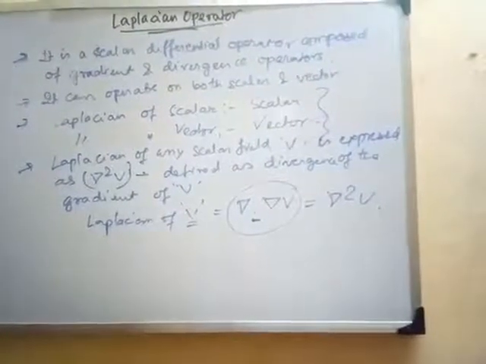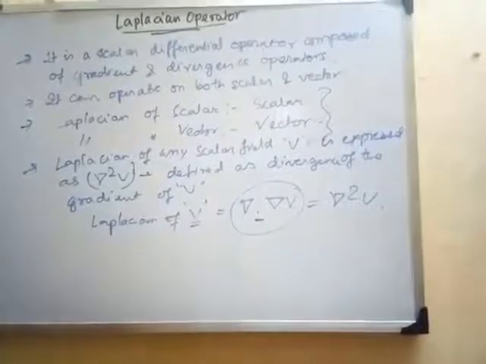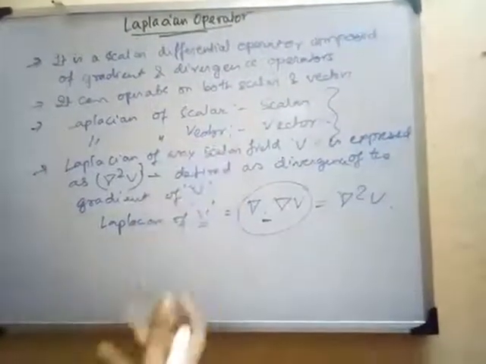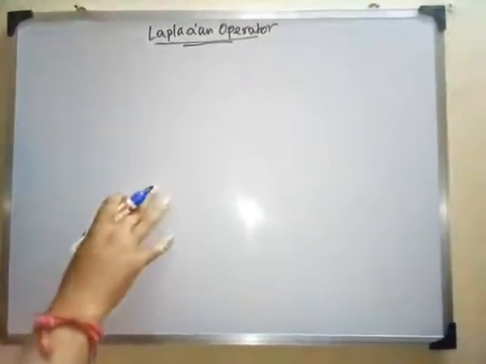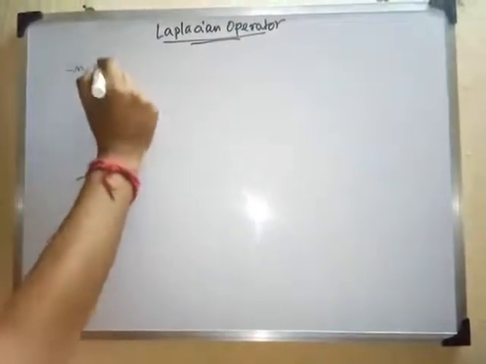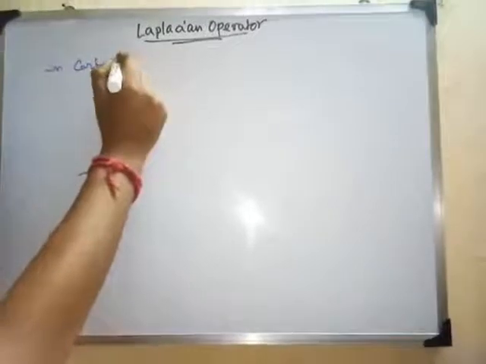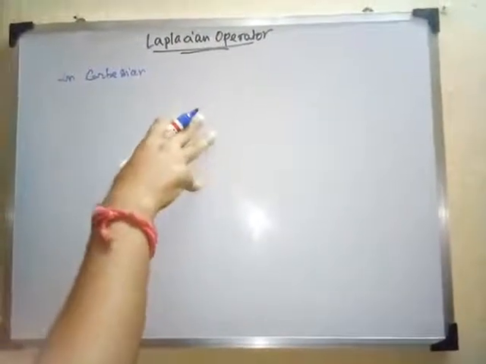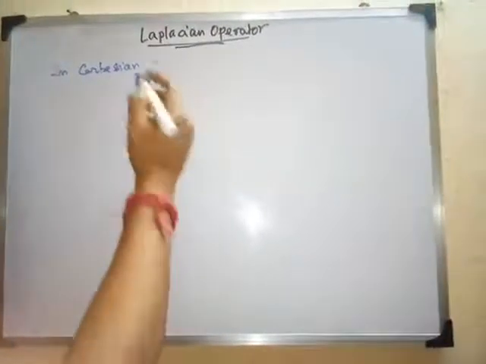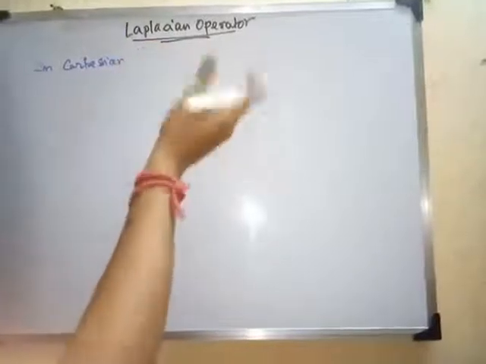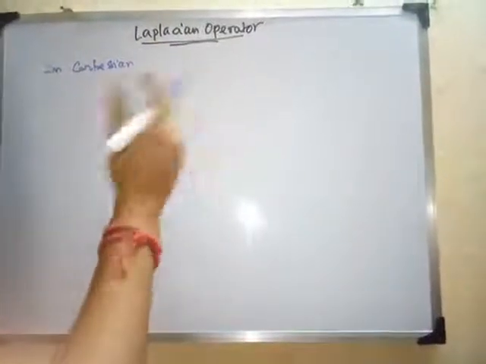Now we will see the representation of the Laplacian operator in different coordinate systems. Suppose we are writing in the Cartesian coordinate system. It can be used for other coordinate systems like cylindrical and spherical. Let us see the representation in the Cartesian system. The others will be the same, only the spatial variables will be different.